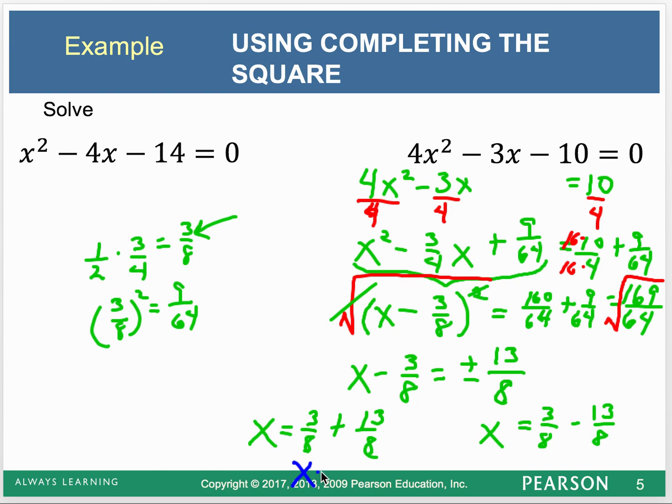So x equals, denominator 8, 3 plus 13 is 16, 16 divided by 8, so x equals 2 for one solution. Or over here, denominator's 8, 3 minus 13 is negative 10, so negative 5/4 for the other solution.